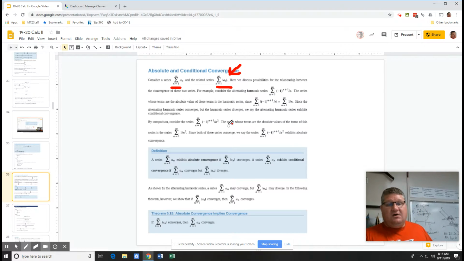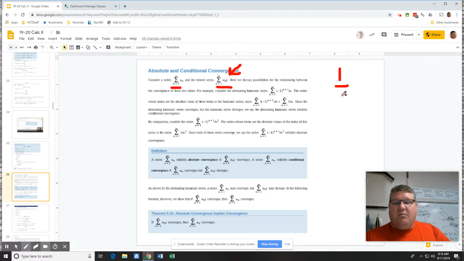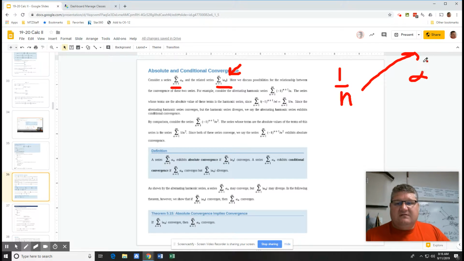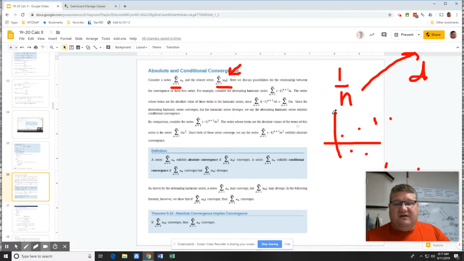Okay, so good. Now, this comes into play because we know that 1 over n does what? Well, it actually diverges, doesn't it? Okay, but what about the alternating series 1 over n? Well, let's see here. It's going to look very different.